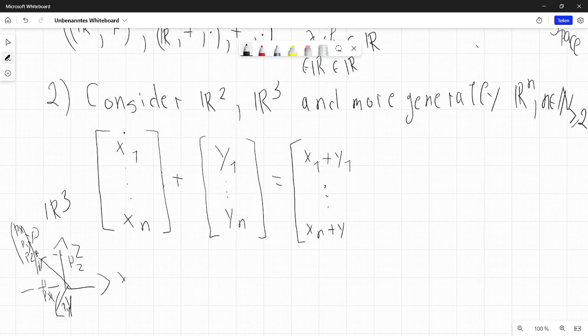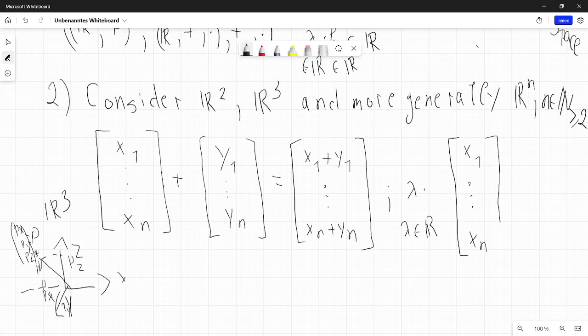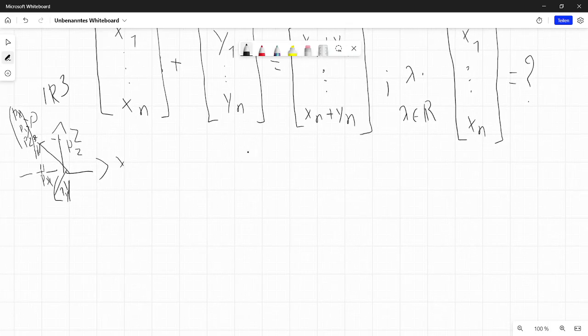And the customary field is of course R, so you can guess how we define lambda times (x1, ..., xn) for lambda in R. Right. So, of course, we can do the whole stuff more generally.